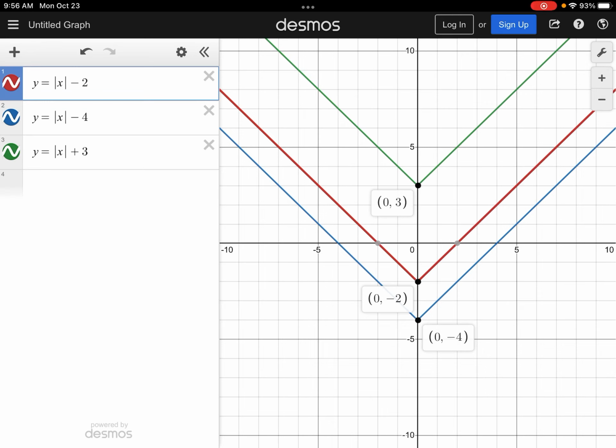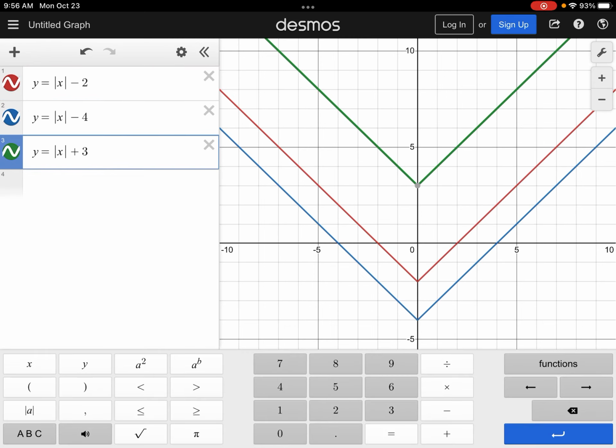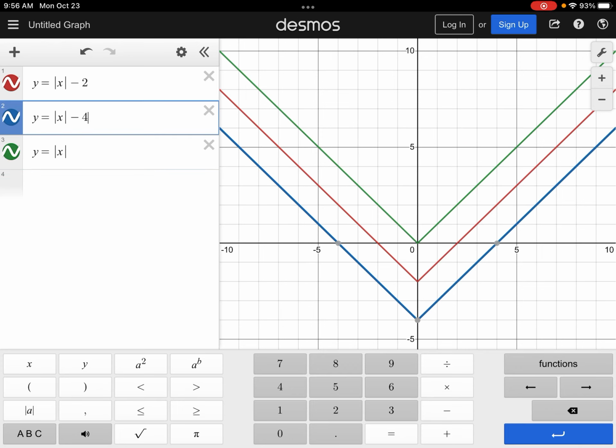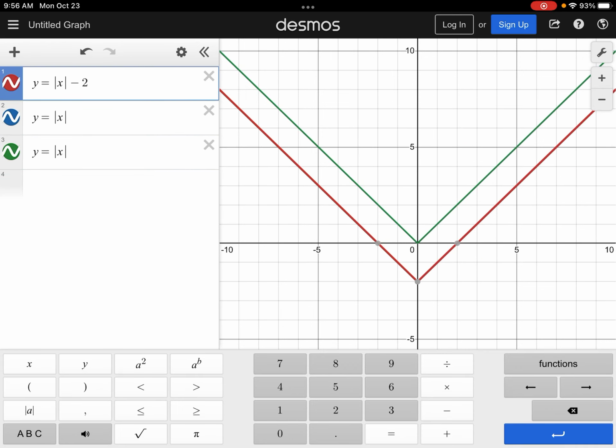So for my red graph, if I shift it down 2 units, the y value of the vertex is at -2. For the blue graph, if I shift it down 4 units, the y value of the vertex is at -4. And for the green graph, if I shift it up 3 with plus 3, notice the y value of the vertex is at +3.